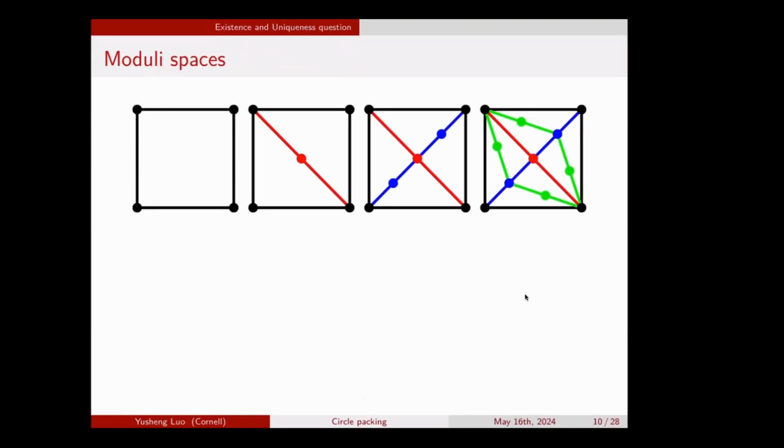All right, so this is a sequence of graphs coming from the subdivision rule, and let us denote these graphs by G0, G1, G2, G3, and so on. So each graph is going to be a finite graph. So by the finite circle packing theorem, we can find a circle packing with the corresponding combinatorics, and the corresponding moduli space can be parameterized by the product of the Teichmüller space.